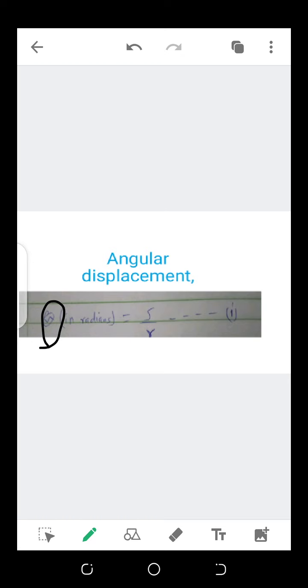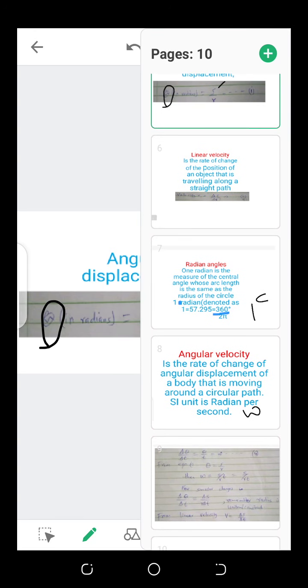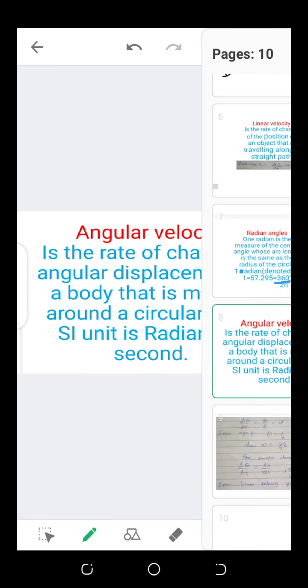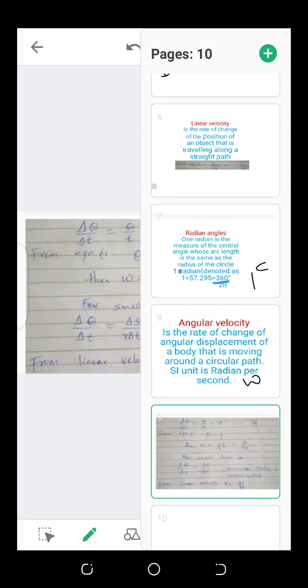We are using S to represent our distance, that is the arc length, and the radius is just a constant. We'll be using it for the distance from the center to the circumference. For the angular velocity, we are going to use omega, the change in displacement divided by the change in time.